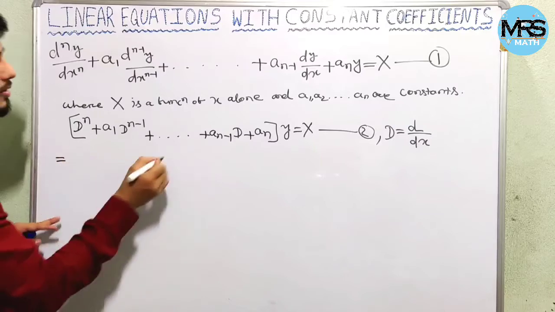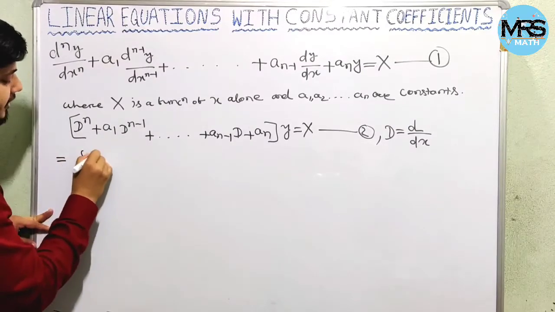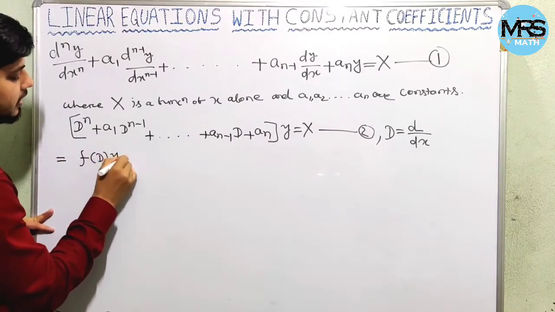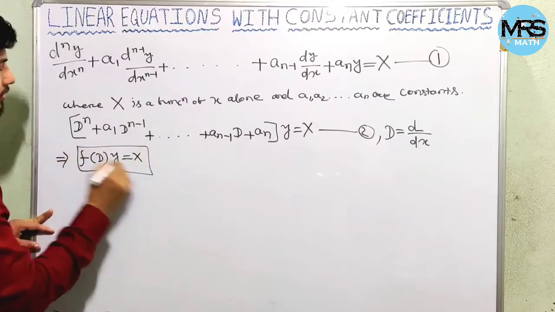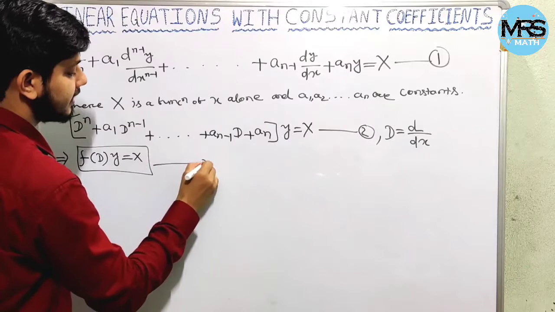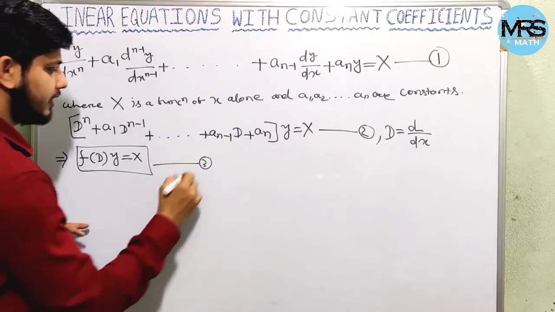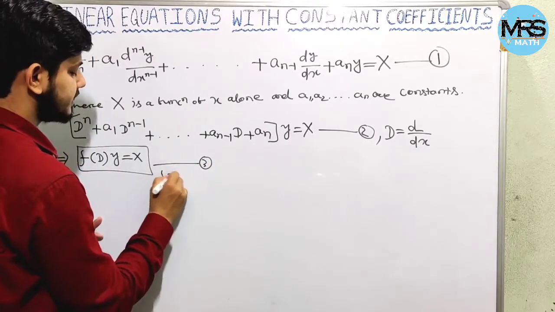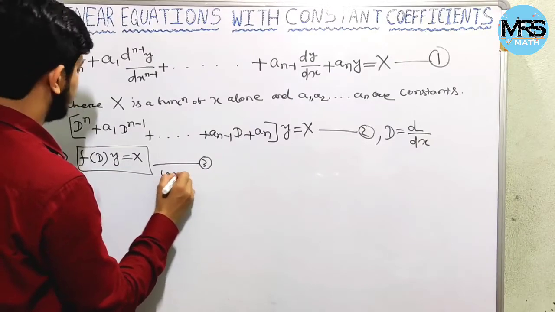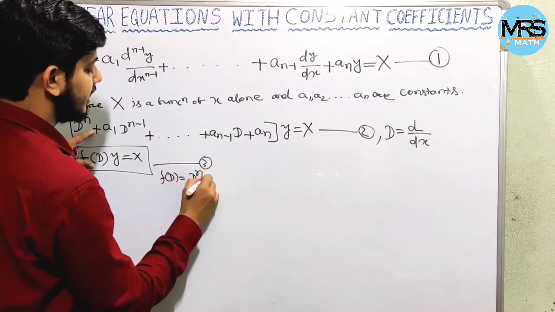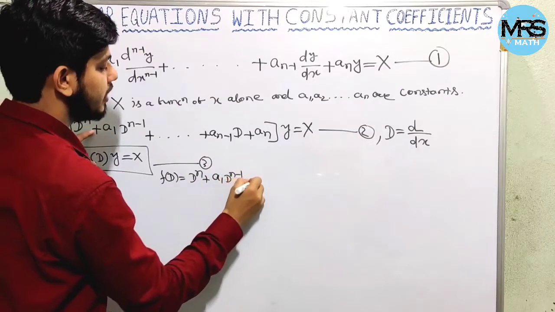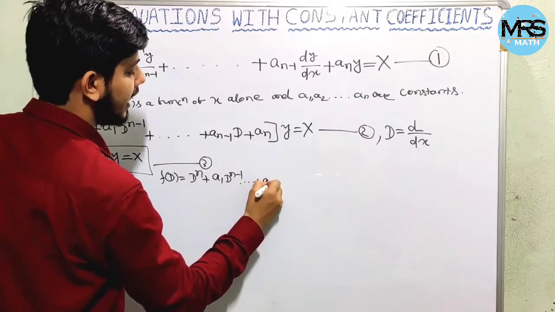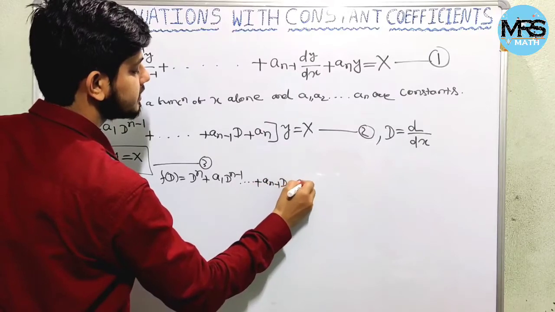Again in shortcut we can write f(D) y equal to X, and take this as equation number 3, where f(D) is equal to D^n plus a1 D^(n-1) up to a_(n-1) D plus a_n.